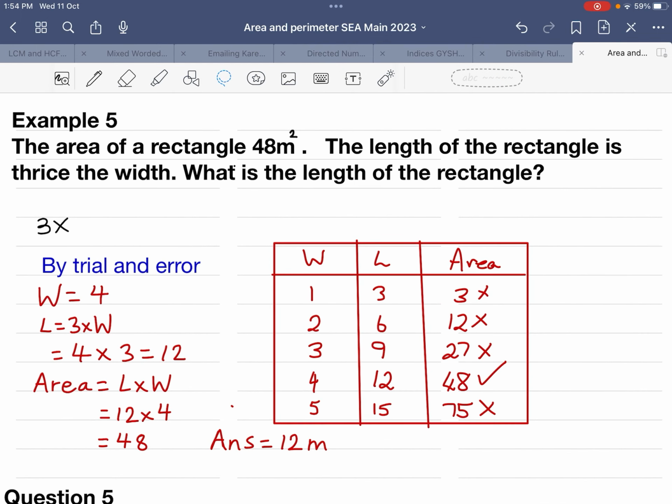The length of the rectangle is thrice or 3 times the width. What is the length of the rectangle? So we can use a method called trial and error, where you basically try numbers to get the answer.